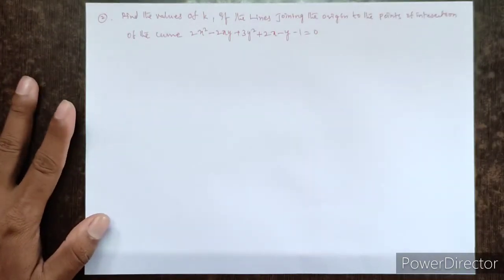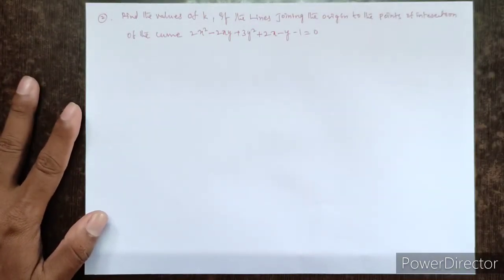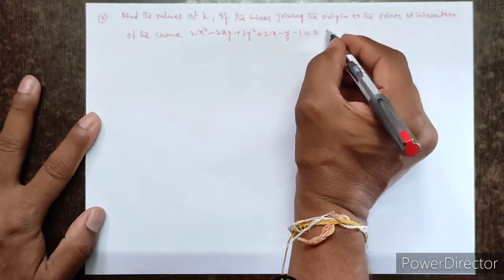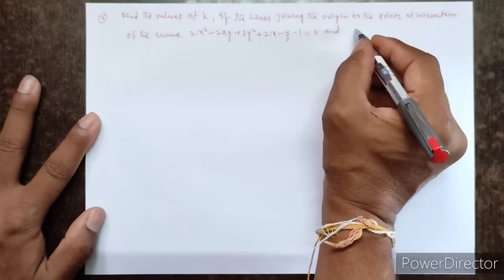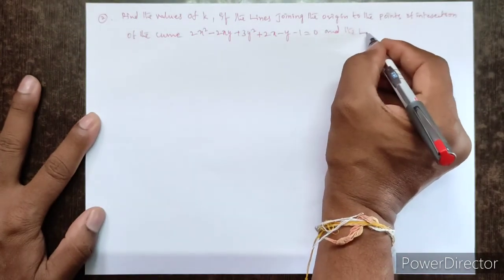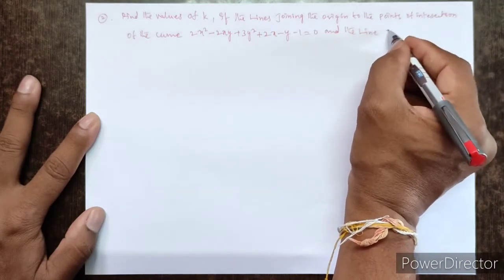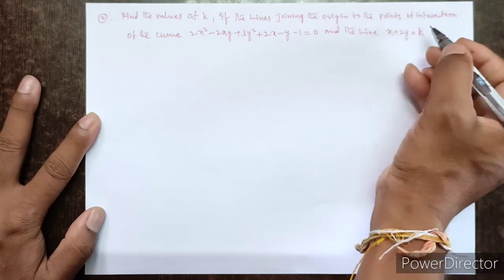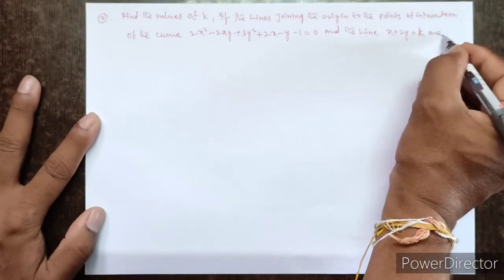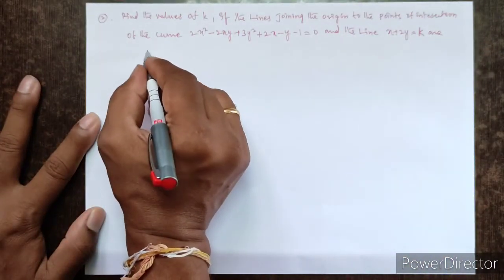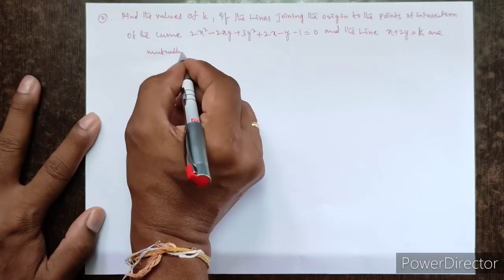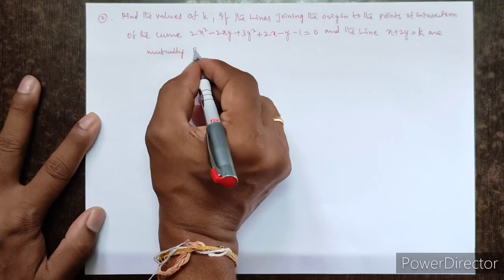and the line x plus 2y equal to k are mutually perpendicular.